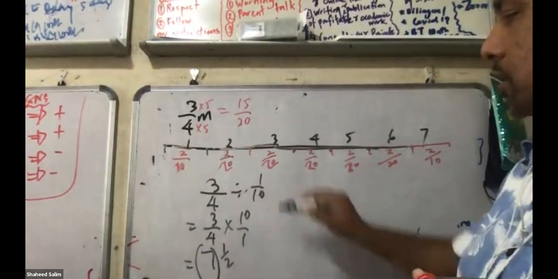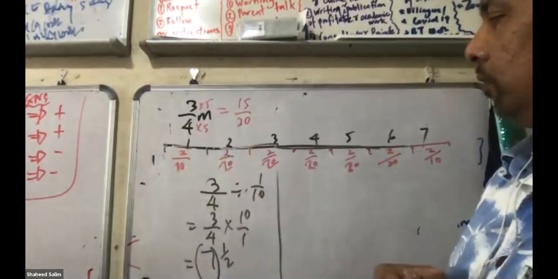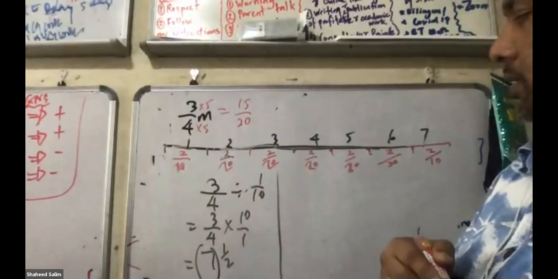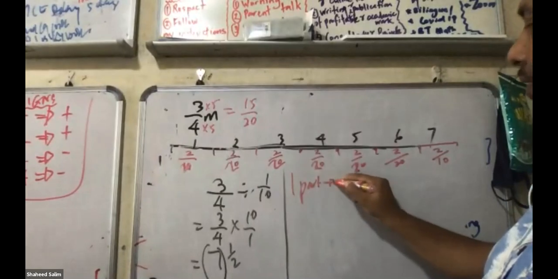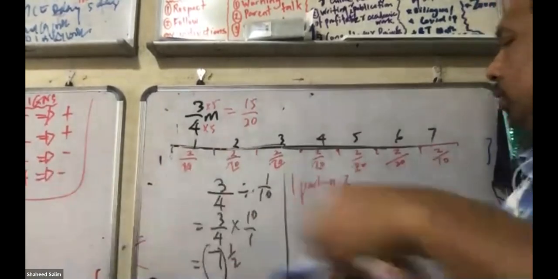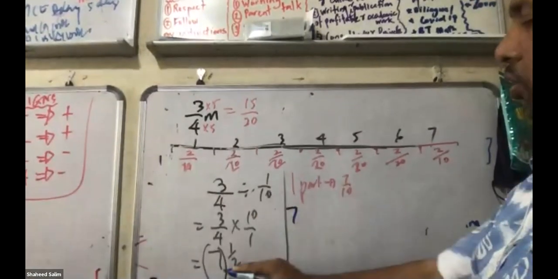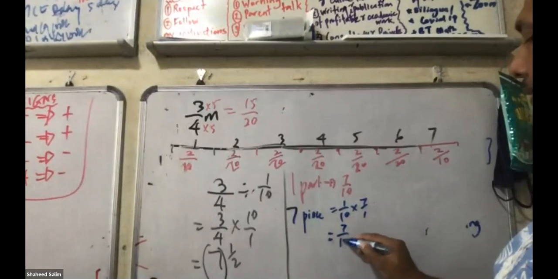So my question is, if you know one part is 1/10, what is 7 parts? One piece of the rope is 1/10. So 7 pieces will be how much? Because you got 7 pieces here, right? 1/10 times 7 is equal to 7/10.